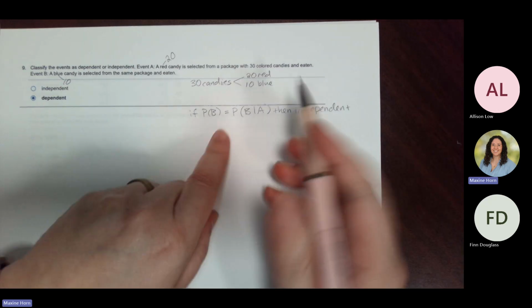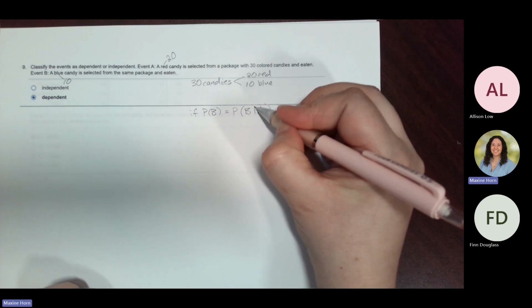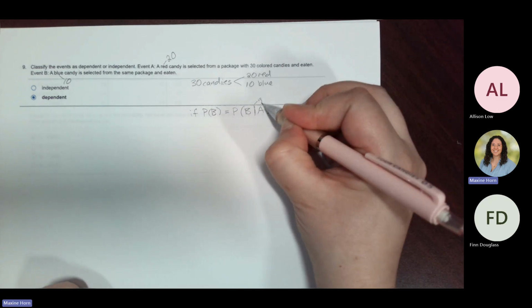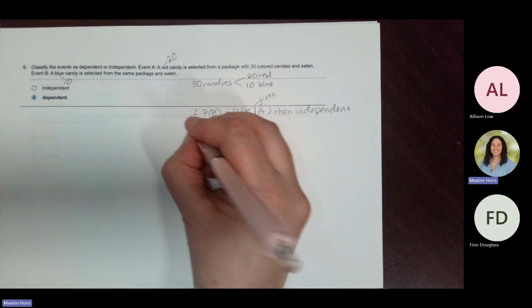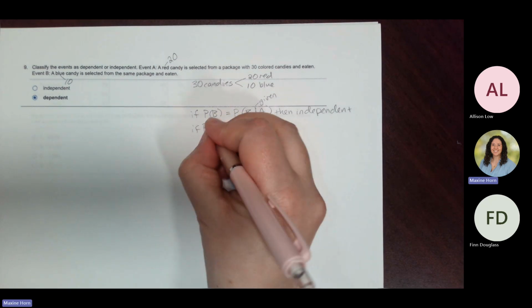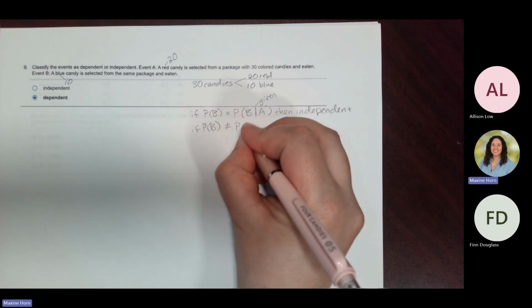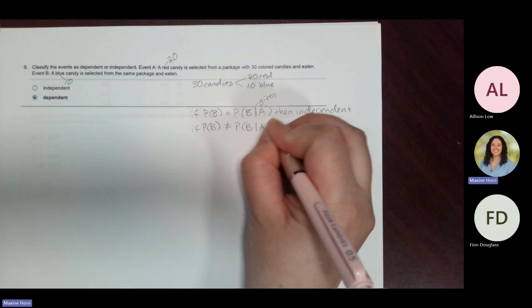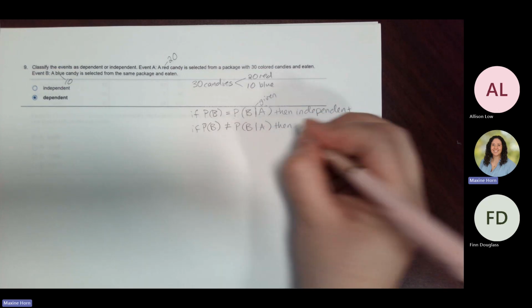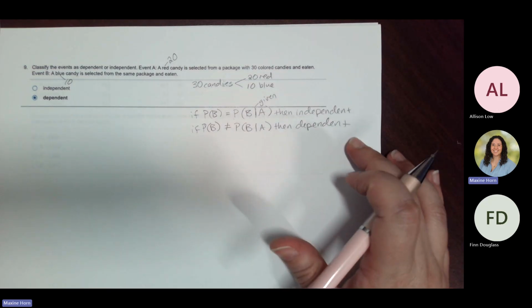So again, the way that we read this is the probability of B given A. That's what that vertical line is. We say given. Okay. And if the probability of B is not equal to the probability of B given A, then the two events are dependent, right? So that's the actual definition.